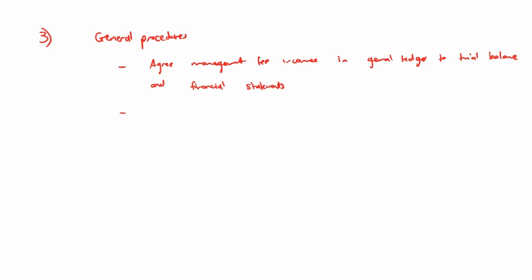I'm then going to cast the management fee income general ledger accounts. Alternatively, guys, you might have asked for a list or a schedule, but because this is going to happen on a monthly basis, if you remember from the scenario, it would generally be just in the general ledger.